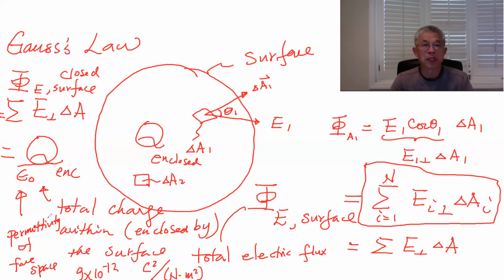So that's the permittivity. Gauss's law says that the total flux is equal to the total enclosed charge divided by epsilon zero, which is pretty remarkable, to come up with a law like that. All right, that's all we have. Until next time, bye-bye.